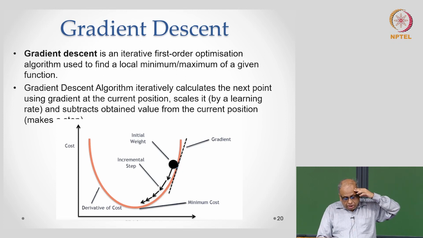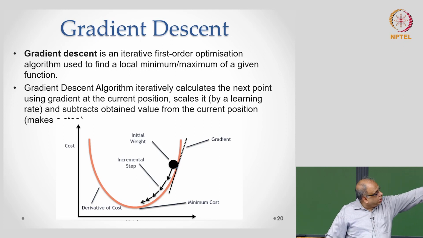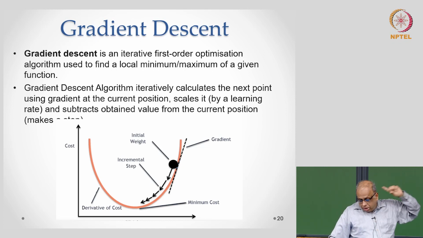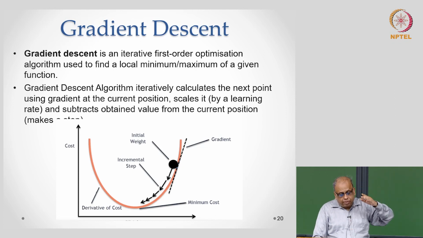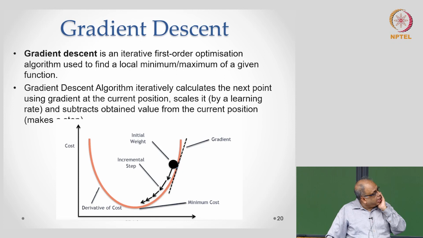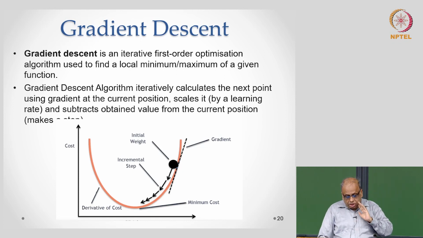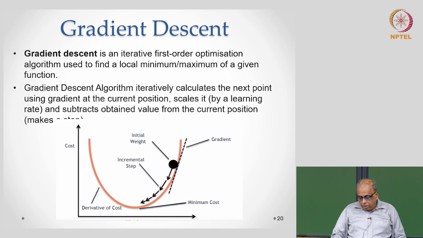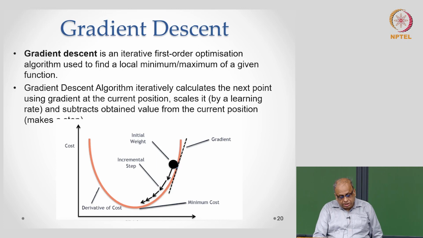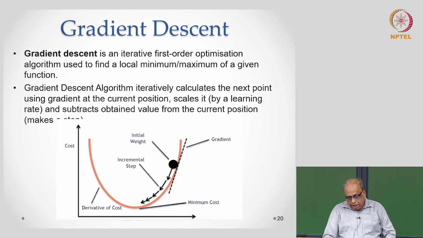And suppose based on the initial weights, once you have computed the loss function, you are at the top. So the goal of gradient descent, which is a step you do during backward propagation, is this: from the initial weights, if you get a loss function, you will try to see how you can reach the point where there is a minimum cost. For that, you do this incremental step of coming down.